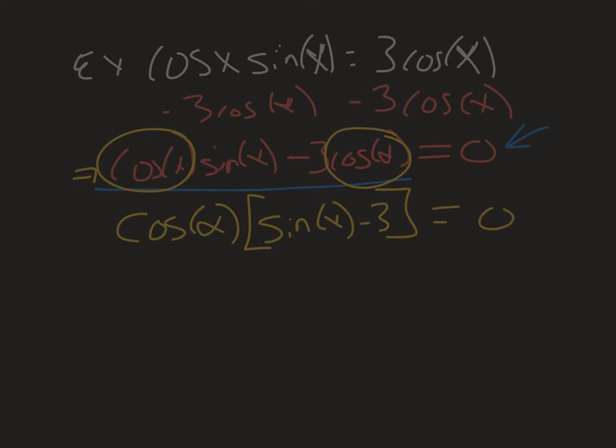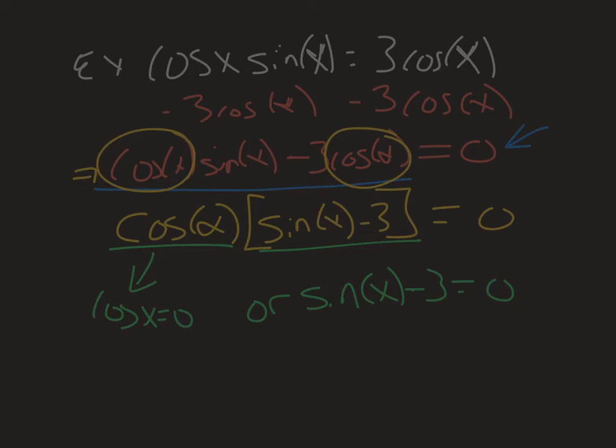So at this point, I have cosine of x times this sine of x minus 3 is equal to 0. Therefore, one of these two must be 0, or potentially both. So this would tell me cosine of x has to equal 0, or sine of x minus 3 has to equal 0. And then I can solve both of these individually.